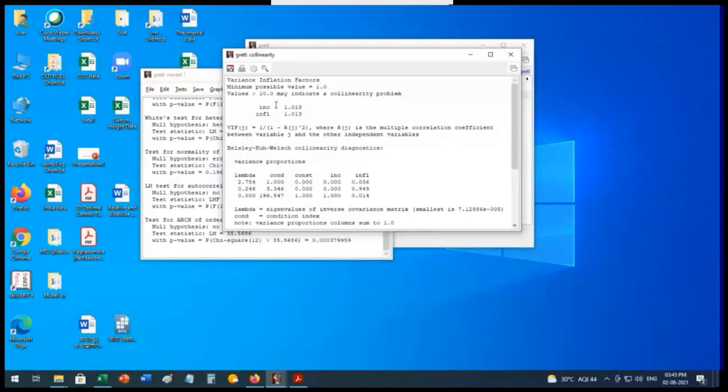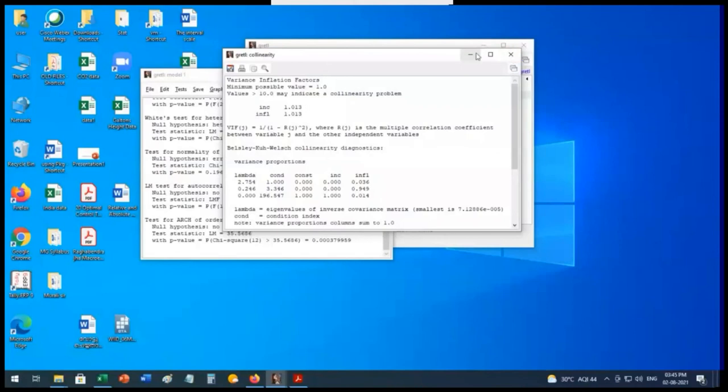These are the VIF values, variance inflation factors. They are not greater than 10, right? They are close to 1. That means there is no problem of multicollinearity. Got the idea? Okay? Right. So I am clicking this one.